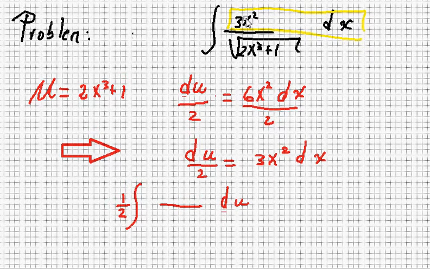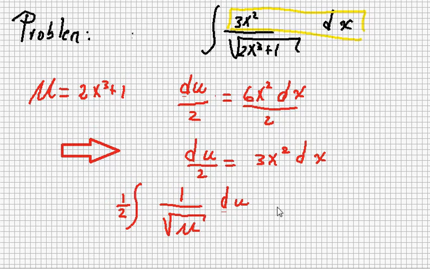Over here I am just putting a 1, and then I have 2x cubed plus 1, but 2x cubed plus 1 is just u.